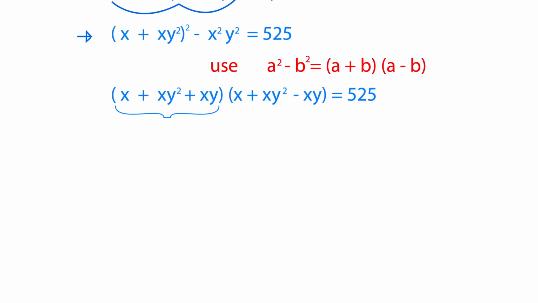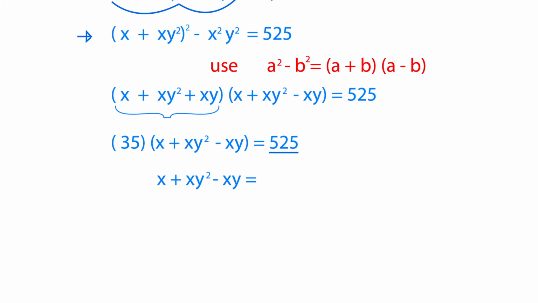So you substitute that in here, times x plus xy squared minus xy is equal to 525. And therefore you can now isolate for this guy. Xy squared minus xy is 525 divided by 35, which is 15.